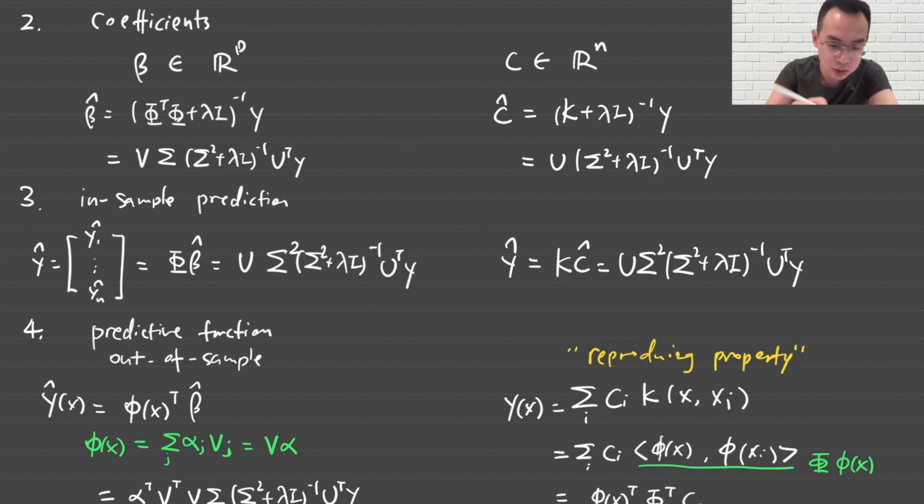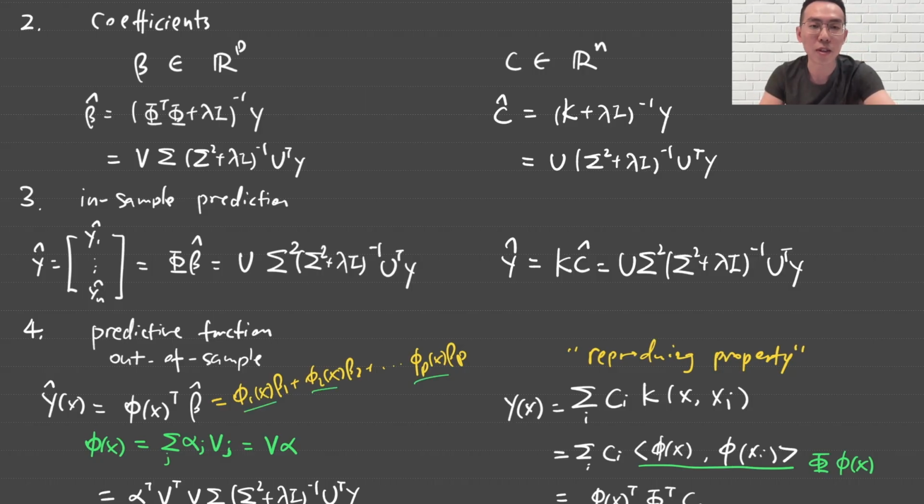If you just expand it out, y of x is going to equal phi 1 of x times beta 1 plus phi 2 of x times beta 2, all the way to phi p of x times beta p, right? So these functions are like the building blocks for this nonlinear function, if everything takes place in the feature space.